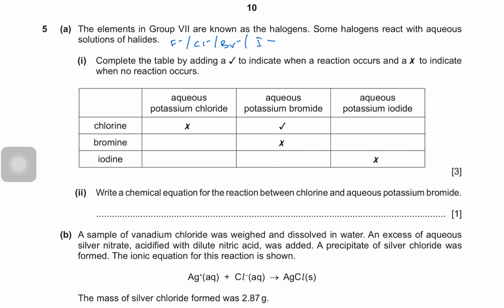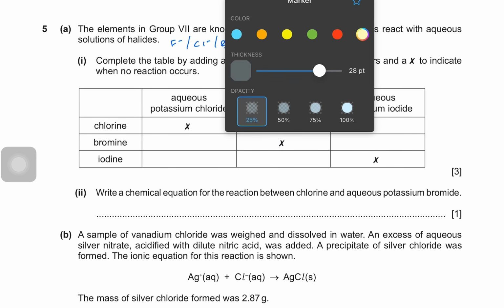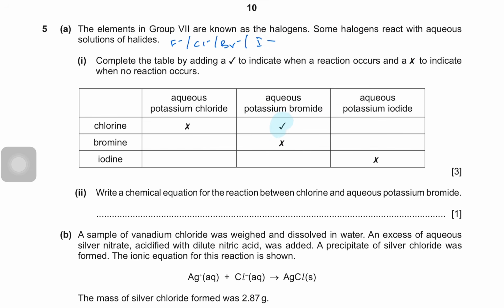If you add chlorine with potassium bromide, they've already put a tick here. You can see that when chlorine reacts with potassium iodide, chlorine is highest in the reactivity series of halogens, or more simply, chlorine is most reactive among these three.